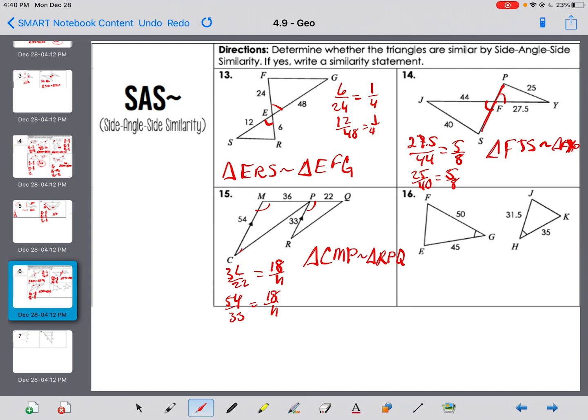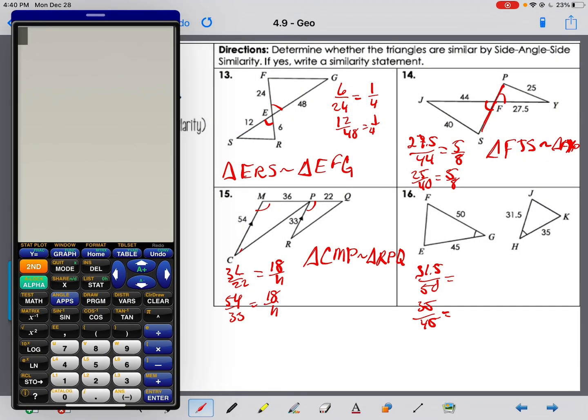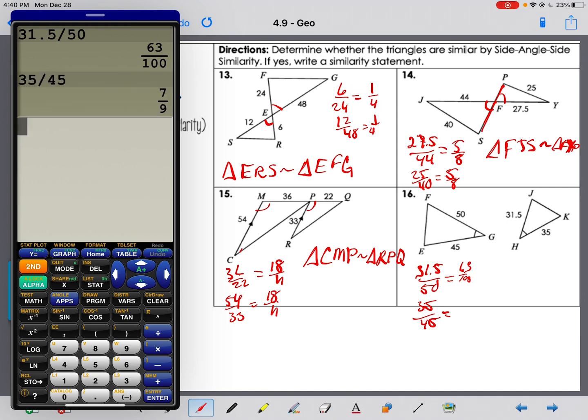Last one. There's the sandwich. Now, the hard part is, which one do we think is which one? Let's see. Well, let's try 31.5 over 50 and 35 over 45. Let's see, 31.5 divided by 50 is 63 over 100, and 35 divided by 45 is 7/9, so not that one.